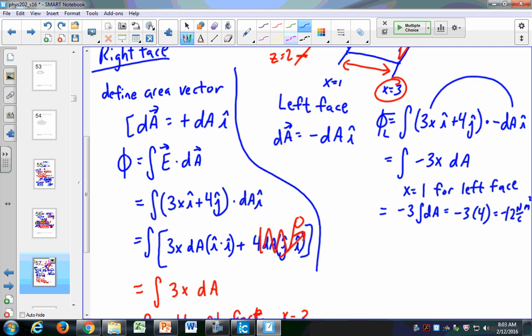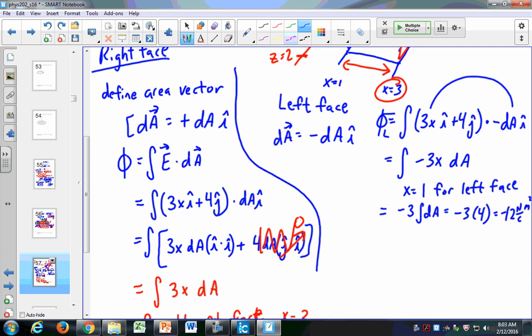Here I recognize that the j dot i term goes away, so I just go with my i dot i term, which gives me negative 3x dA. Then I recognize that x is constant. Because of my surface, x doesn't change over that surface, so x is equal to 1, and then I do the integral. But it's a simple integral, I'm just doing the area of the face. It's just a constant.